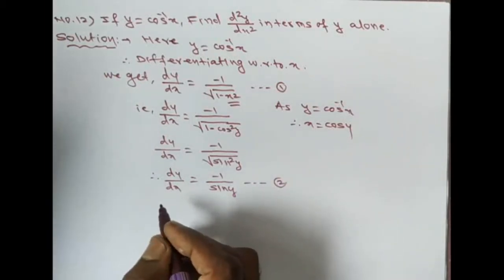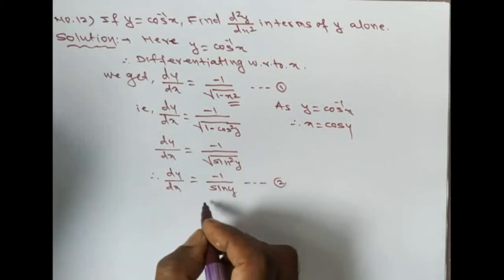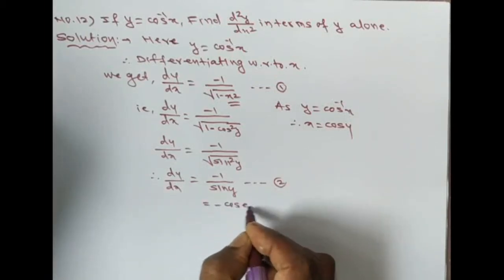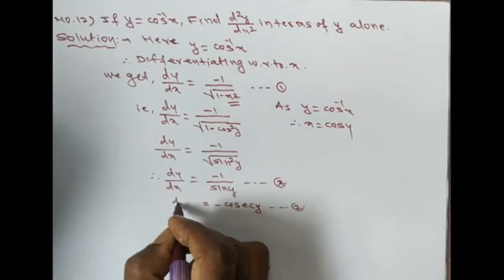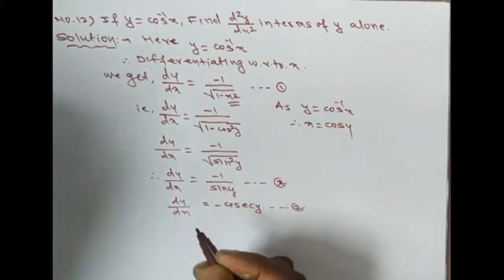Now I can write this as minus cosec y also. So dy by dx equals minus cosec y.